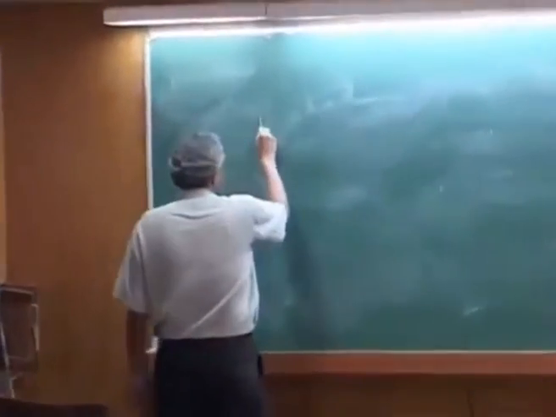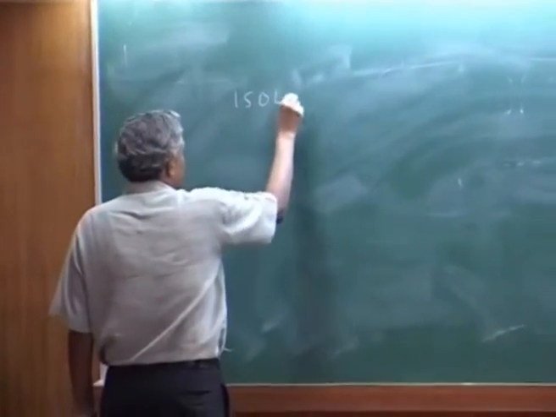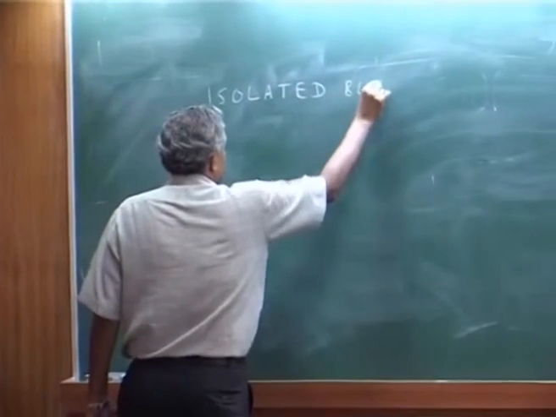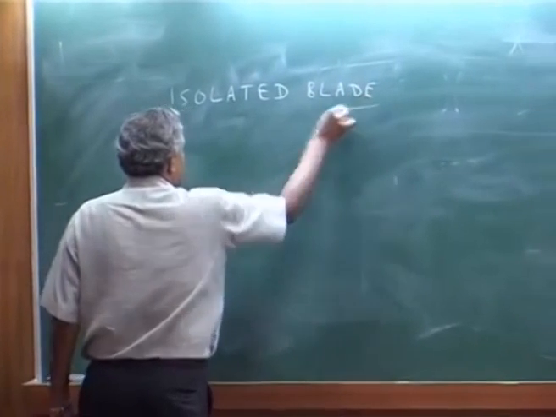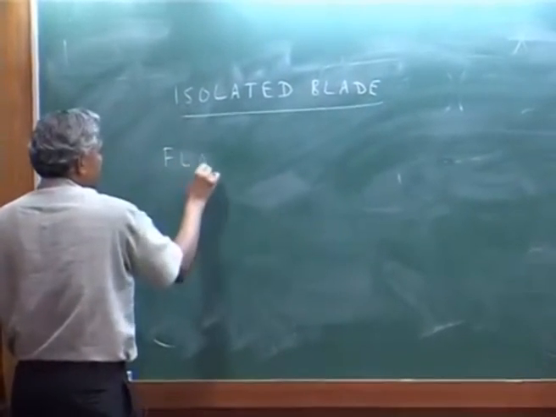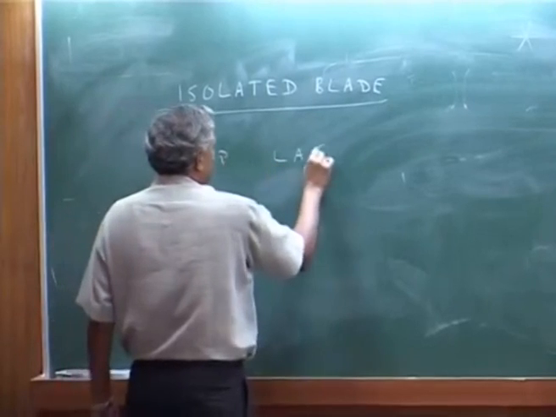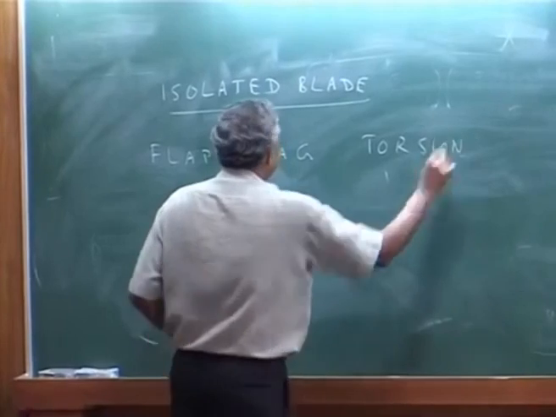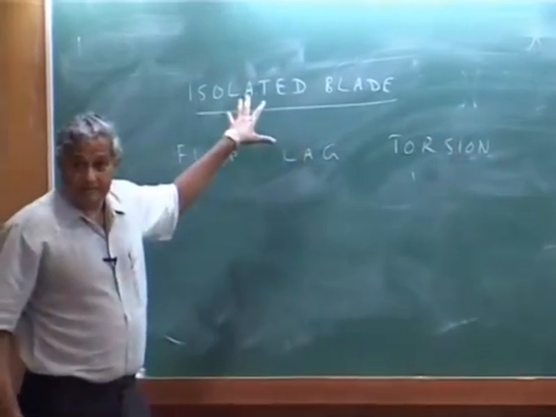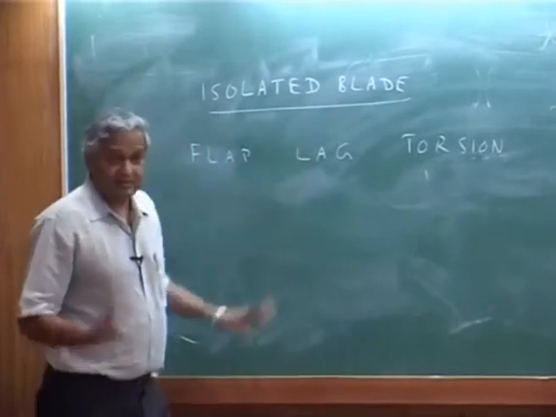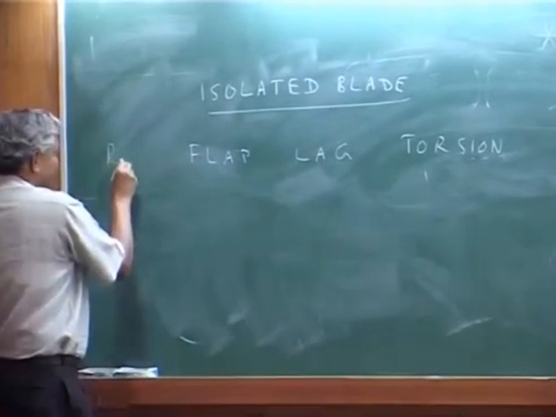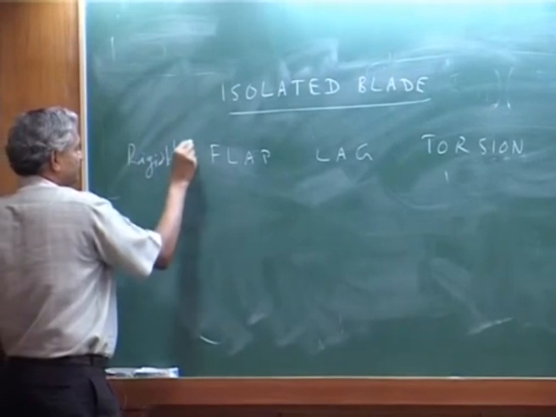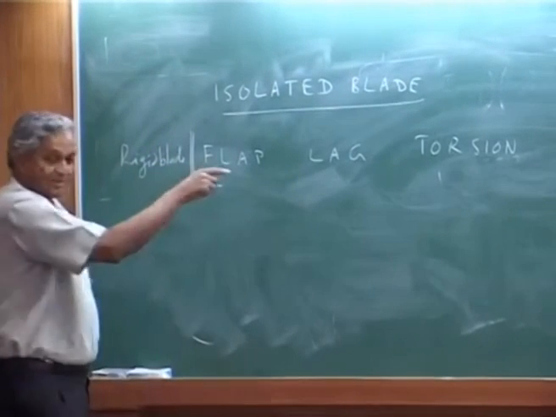Because for the isolated blade, here you have flap, lag, torsion. Now, when you did this, what you have learnt is the rigid blade. This is the assumption you have made.